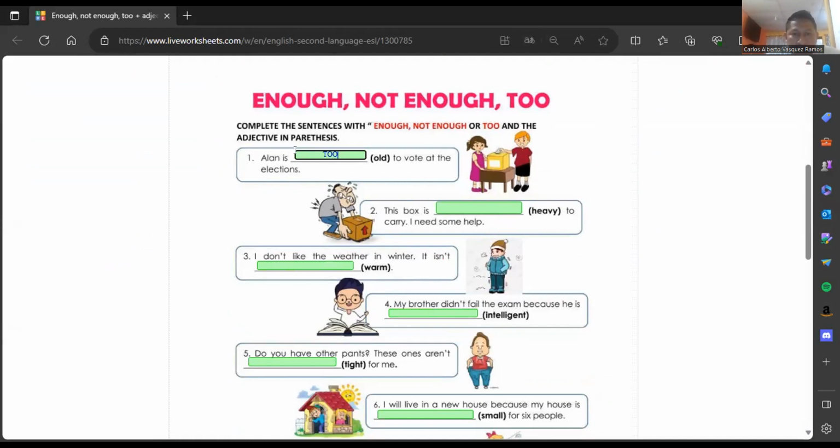Too old to vote in the election. Lo voy a escribir en minúscula porque tenemos problemas. Is too young. Sí, demasiado joven. No, old no es joven, es viejo.